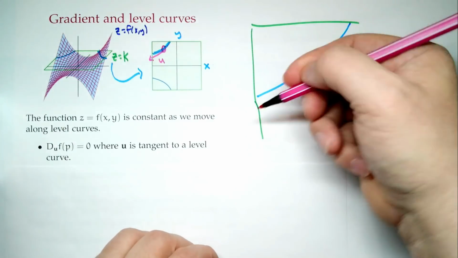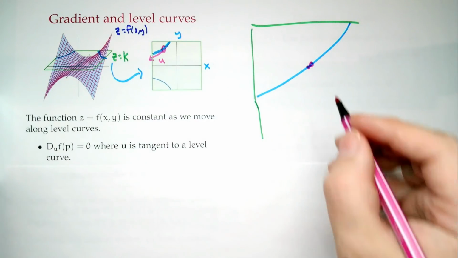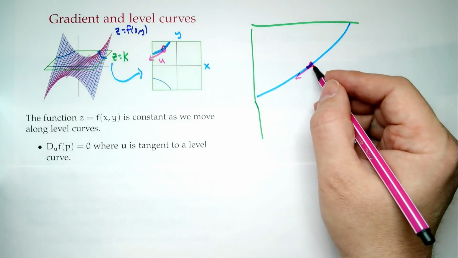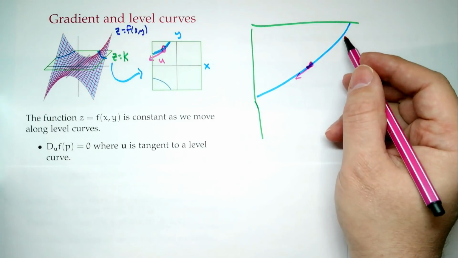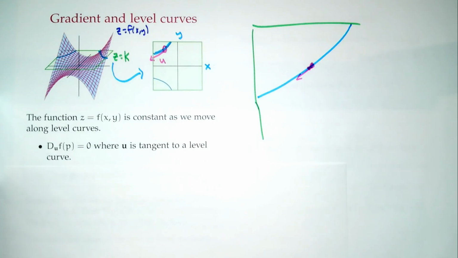I'm just barely nudging myself along that level curve. I'm not changing much. I'm moving in the direction of the level curve, but I'm barely changing my position at all. But because I'm moving along the level curve, I'm going to stay on the level curve. At least for a very small local change, I'm essentially going to stay on that curve.